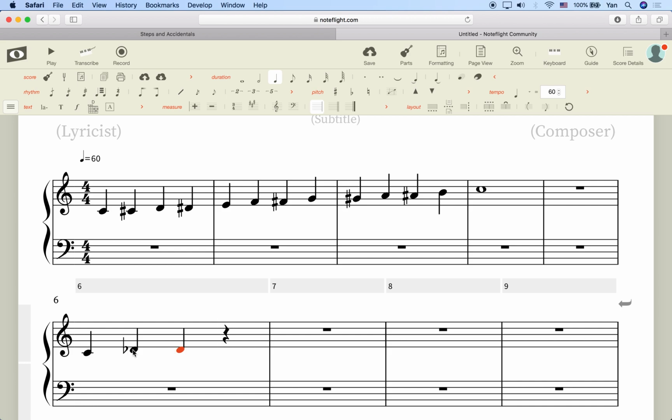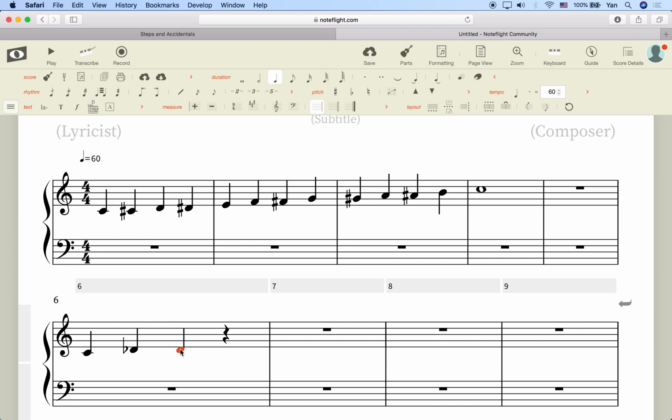So for example, here I wrote D and I wrote a flat in front of that D. I've written another D here, but because we already wrote D flat and I wrote another D, that flat is actually carrying over to the next D.